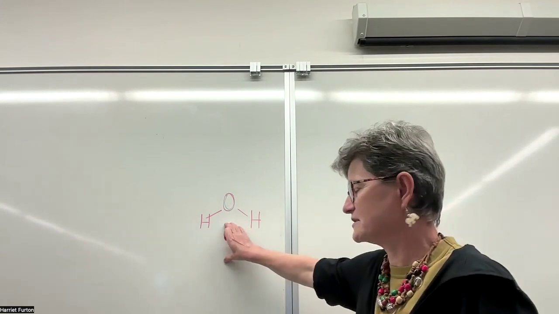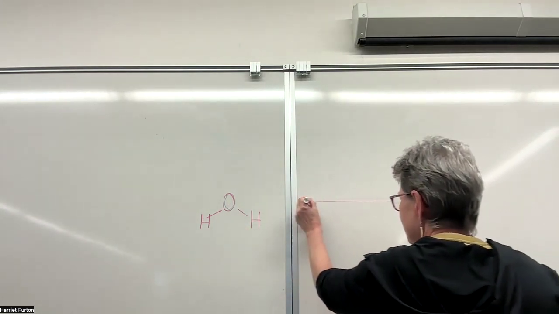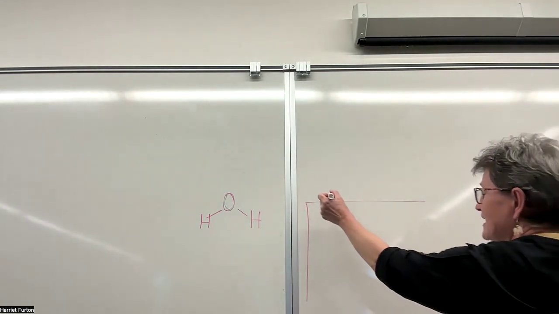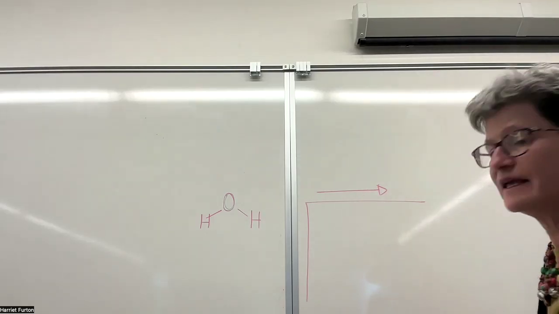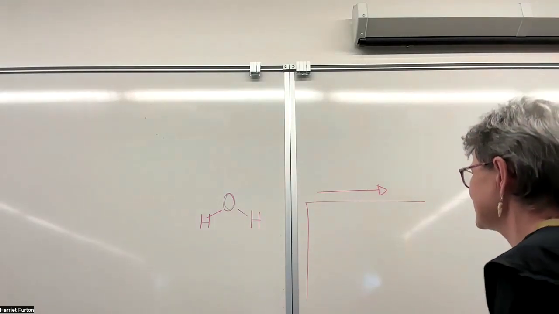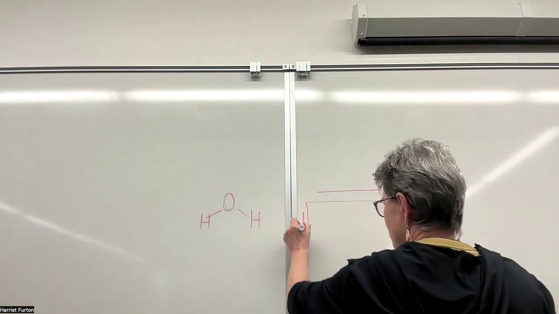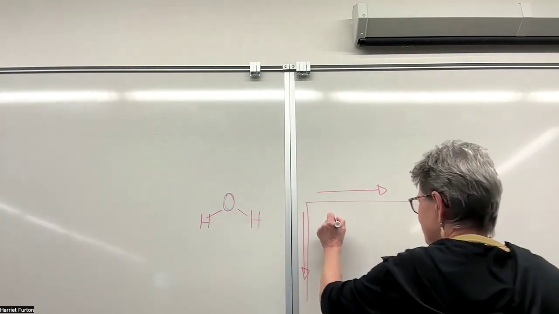Now, you learned in the periodic table that as we go towards the right, the electronegativity is increasing, as well as from the top towards the bottom. What is electronegativity?